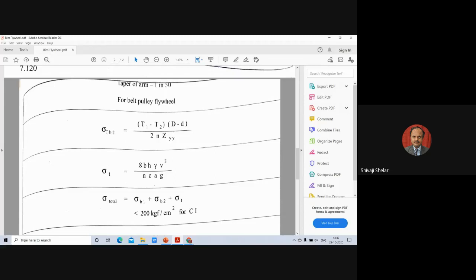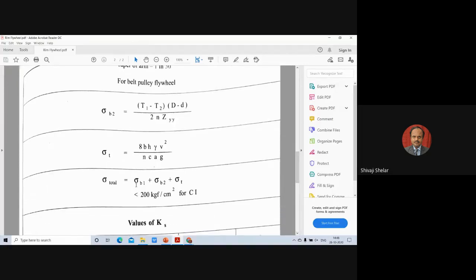You will have additionally sigma B2. Sigma B1 is already shown in that formula, and sigma T is already shown there. So in that case, you have to calculate sigma B2 based on the tension in the tight side, tension in the slack side, then flywheel geometry, 2n, where n is the number of arms, and z is the section modulus. Based on that, you can calculate sigma total again.